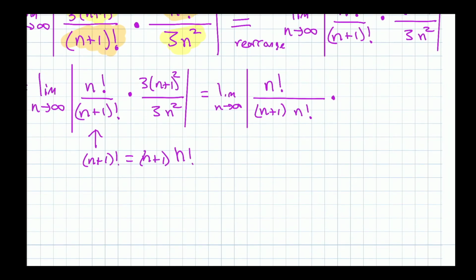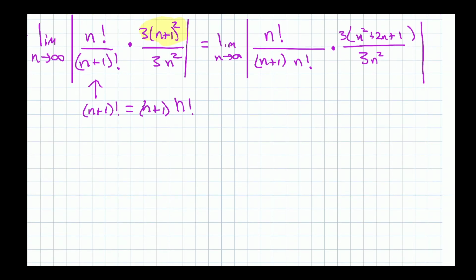Now, the other fraction, 3n squared on bottom, there's nothing to do there. On the top, though, you've got 3 times (n plus 1) squared. I'm going to multiply that out, but then I'm going to say something about it. So you have 3 times (n squared plus 2n plus 1). And now I'm just going to almost recopy it.